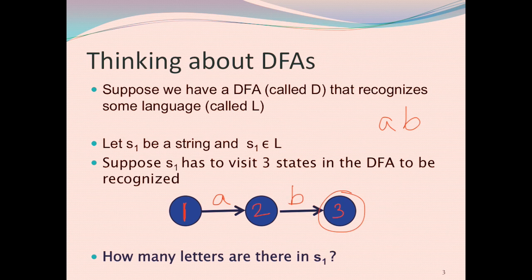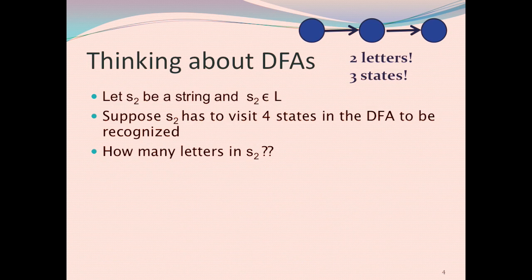So 3 states here, 1, 2, 3, but my string only had 2 symbols in it. Okay, let's talk about another string. We saw up here was our example where we said if we had 2 letters, we have 3 states.